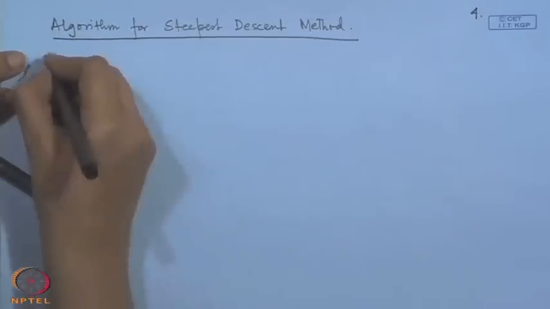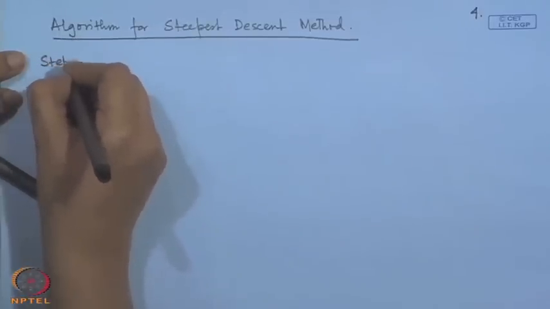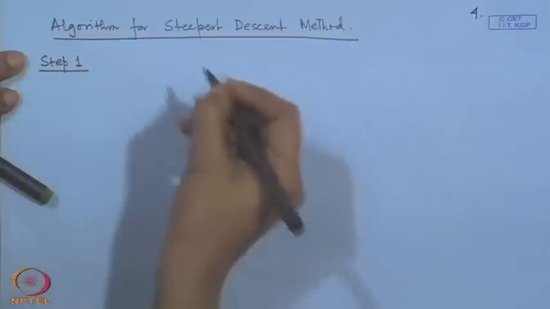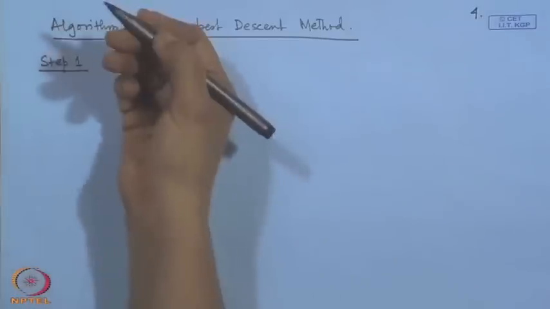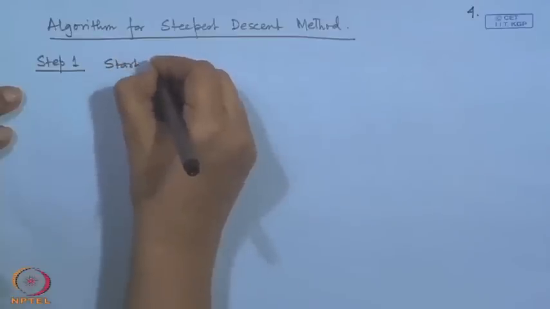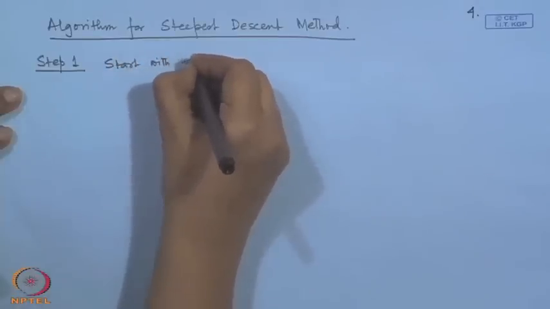Step 1 would be to start with a guess point x naught. This is an iterative process, that is why, as I said, we will start from x naught, we will move to x 1 with the step length lambda 1 star, then we will go to x 2 with the step length lambda 2 star, and at each point we will consider the negative direction as s_i, because this is the minimization problem.